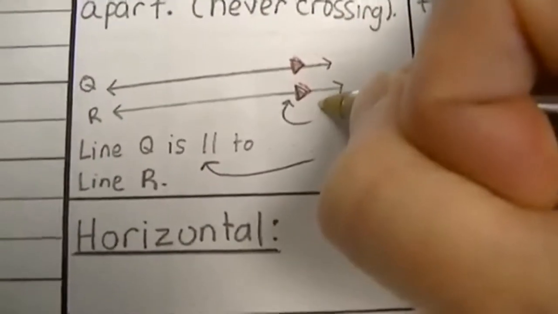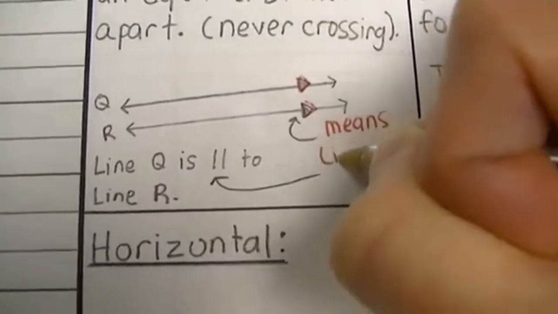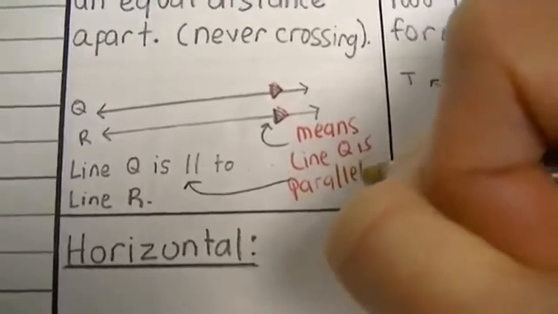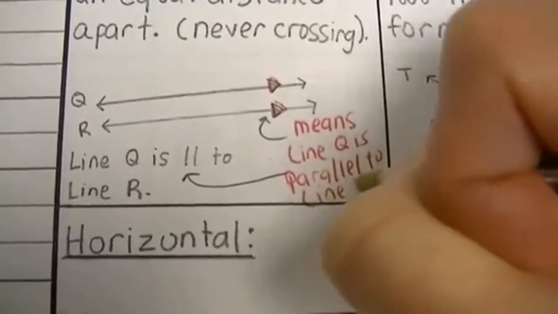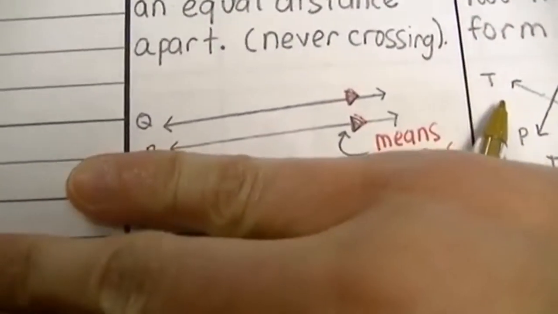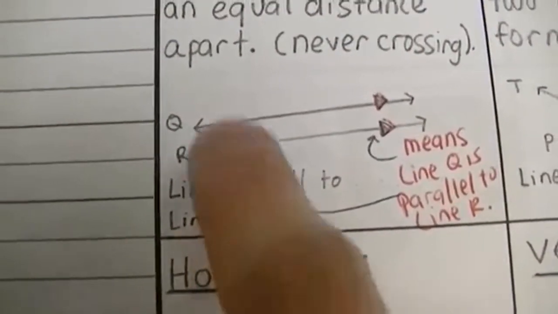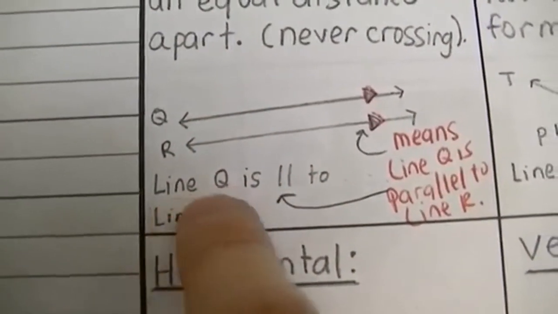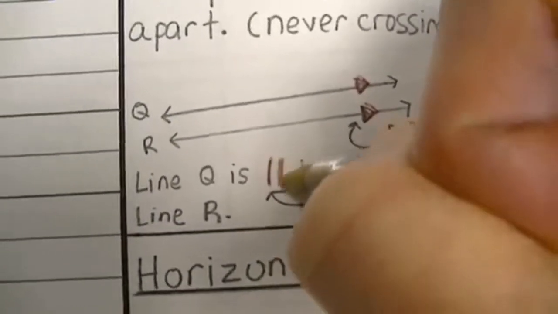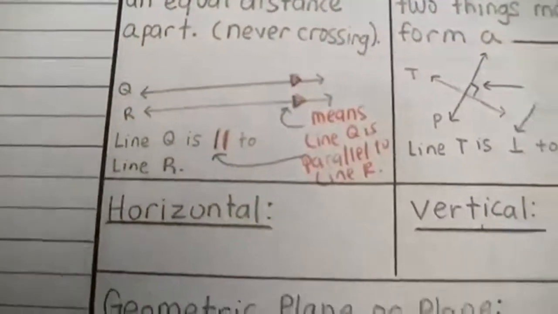So in this particular case, this means line Q is parallel to line R. Another way, if they don't have the matching tick marks, is to simply state line Q is parallel to line R. It looks like a little 11, but in this context it means parallel.